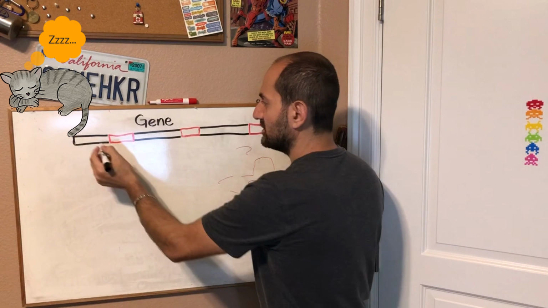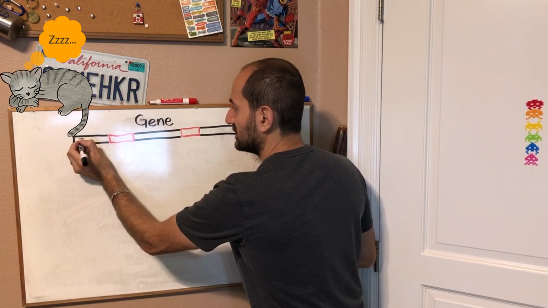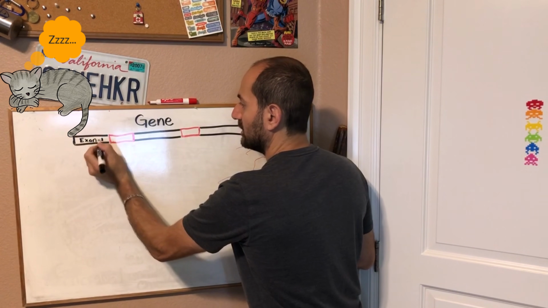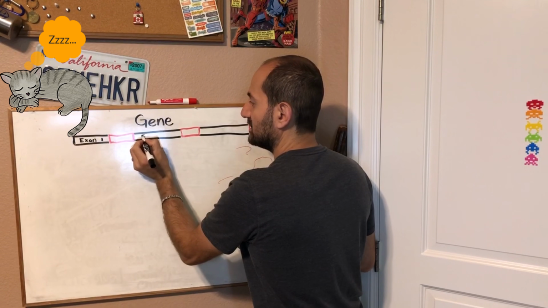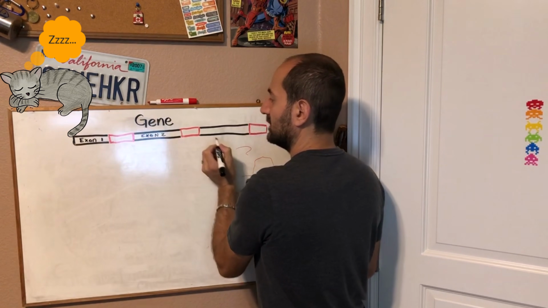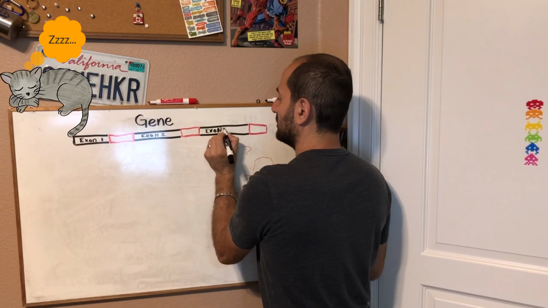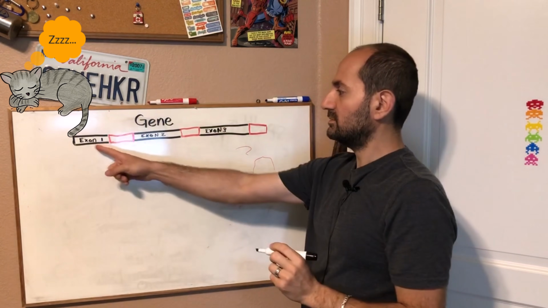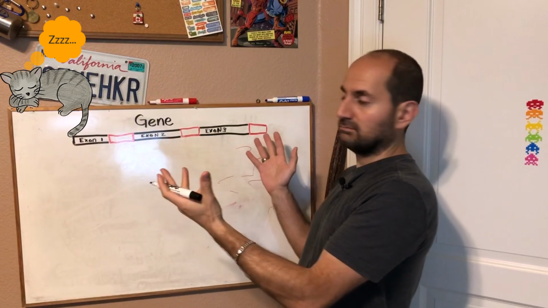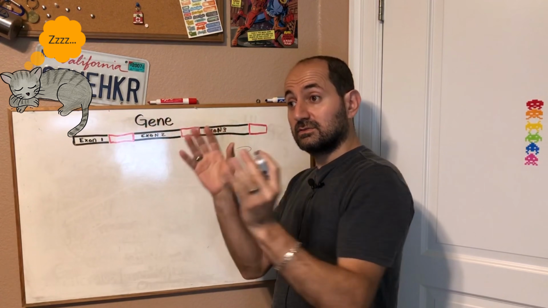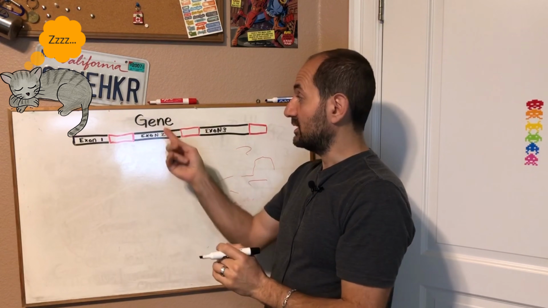So the parts that do code for protein are called exons. So this would be exon 1. This one would be the next exon, exon 2. And then you have exon 3. Exon 1, 2, and 3. So this gene in particular has 3 parts to it that code for this particular gene.